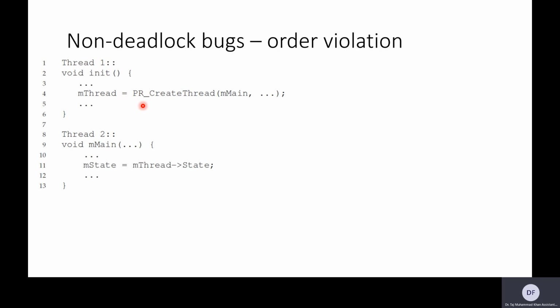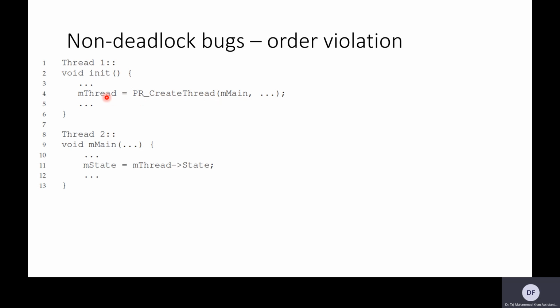So implicitly it is assumed that since thread 1 is creating the thread of the mMain function, this mMain function will not be able to execute before this function has executed and assigned the value to mThread.